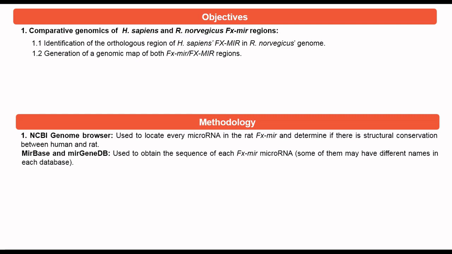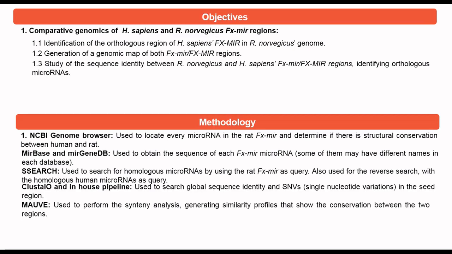Secondly, to generate a genomic map of both Fmr regions, obtaining the sequence, the ID, and the position for each microRNA in the cluster from 2 different databases, miRBase and MirGeneDB. And finally, to study the sequence identity between the Fmr region of Homo sapiens and Rattus norvegicus, identifying orthologous microRNAs using sSearch, an in-house pipeline, and the software Mauve.